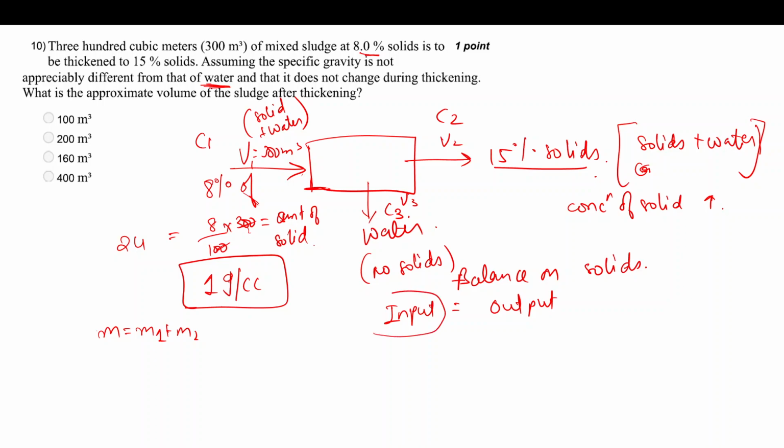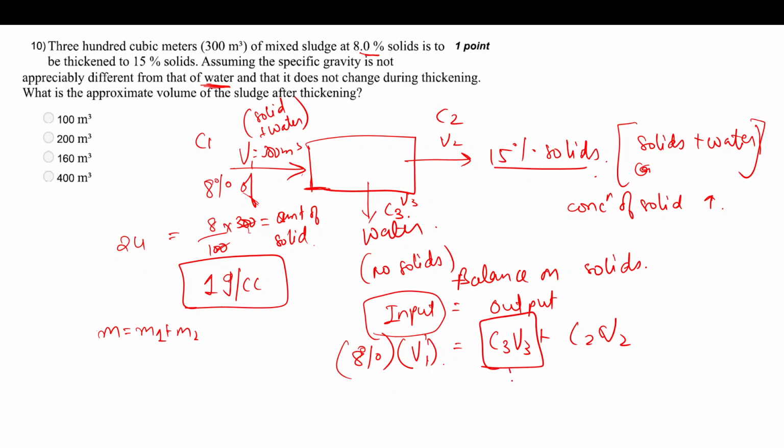So the input mass of solid is nothing but the concentration into the volume, which is C1, V1. Output will be in the form of C3, V3. There are two outputs, plus C2, V2, right?